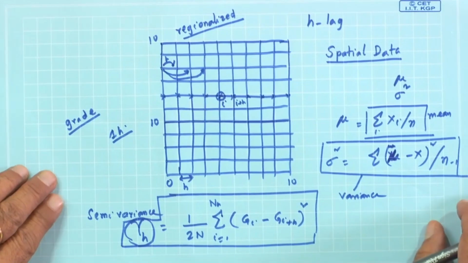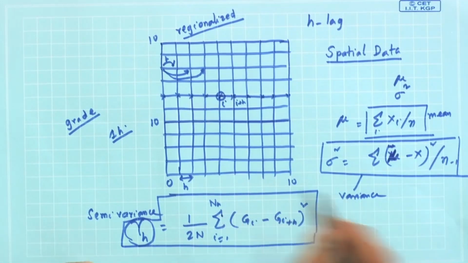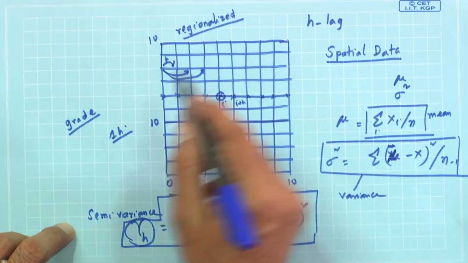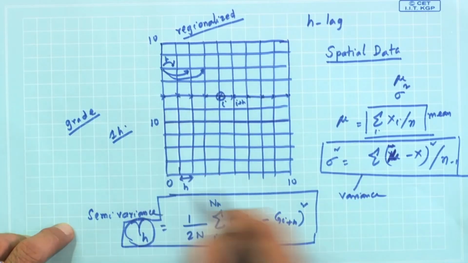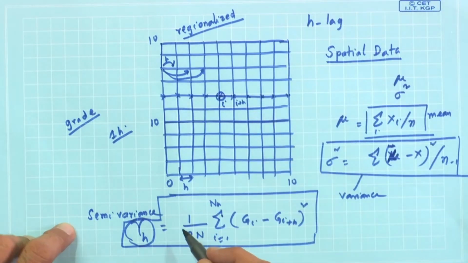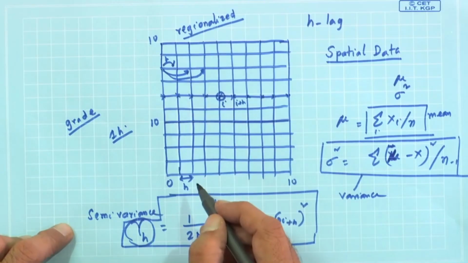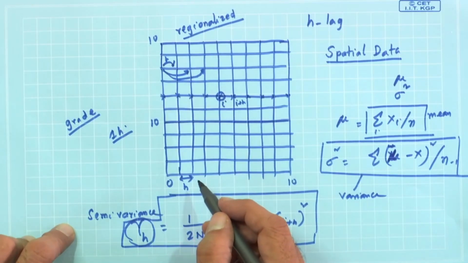Now, there are two other things which can be talked about with this regionalized variable. We are considering the regionalized variable with respect to this particular space, and we have put it in 2 dimensions. A third dimension can always be there, and we talk about a variable, let us say, which is our grade.